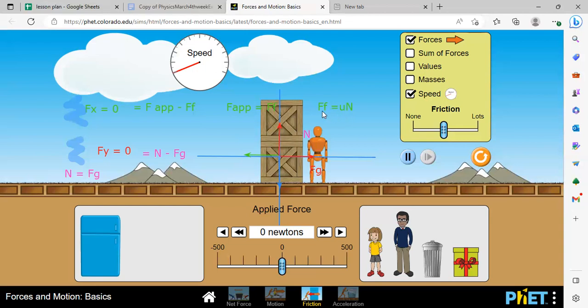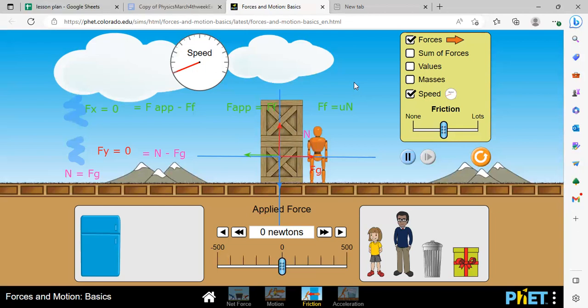Pag given yung static friction and normal force, you can calculate for the coefficient of static friction. Okay? So, ayun, yun yung ginawa niyong experiment. This is actually an application of Newton's first law. Okay?